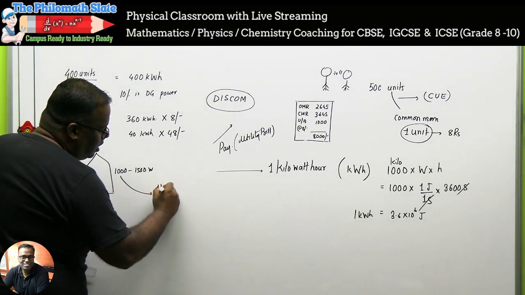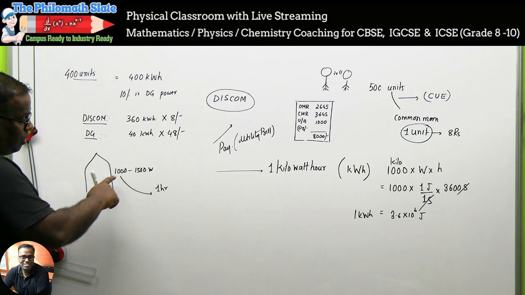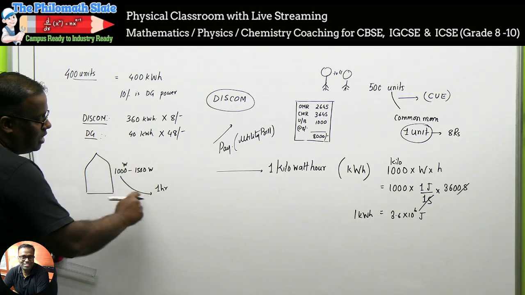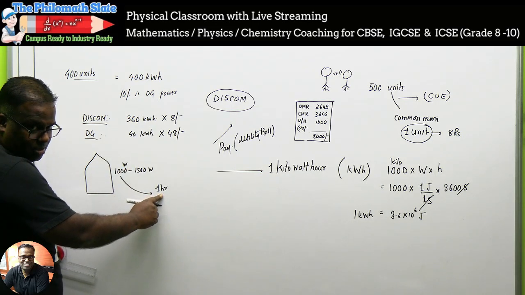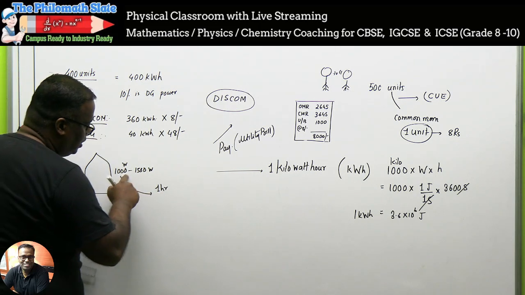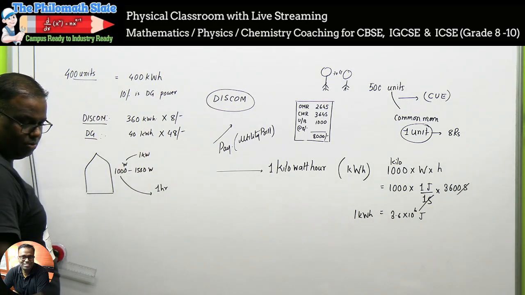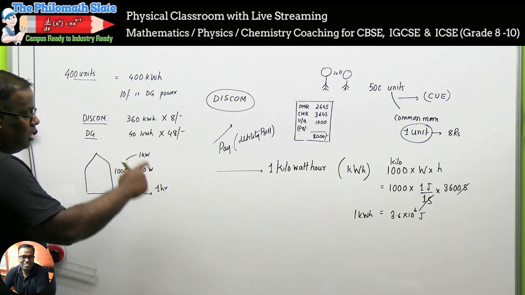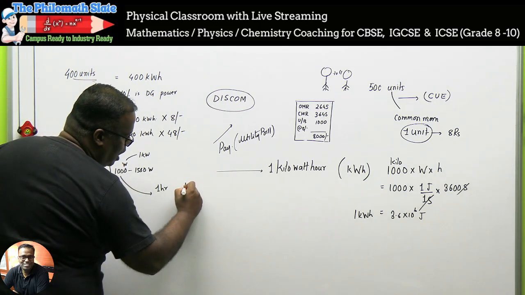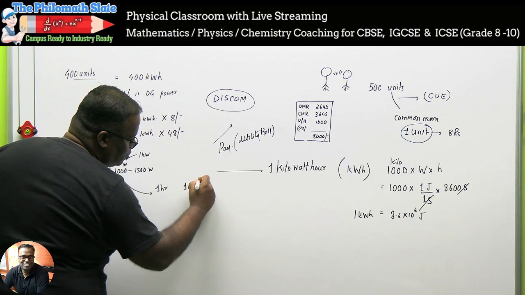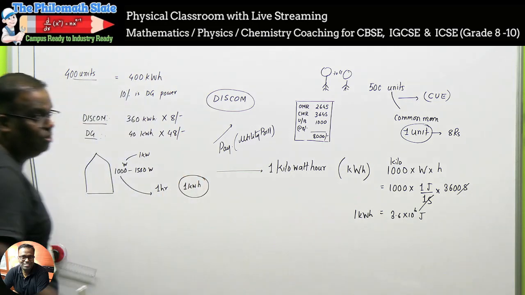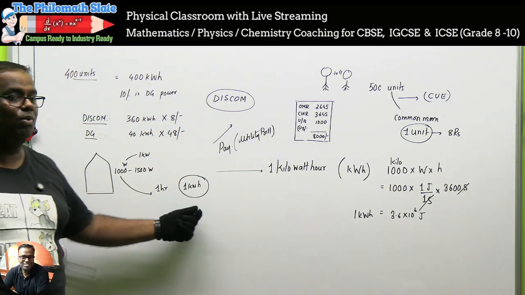She takes 1 hour to iron her clothes. A 1000 watt device running for 1 hour pulls how much? 1000 watts means 1 kilowatt, running for 1 hour. So our friend Nidhi has actually consumed 1 unit in ironing her clothes for 1 hour.